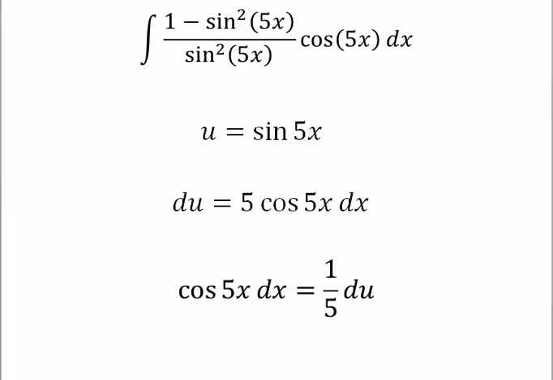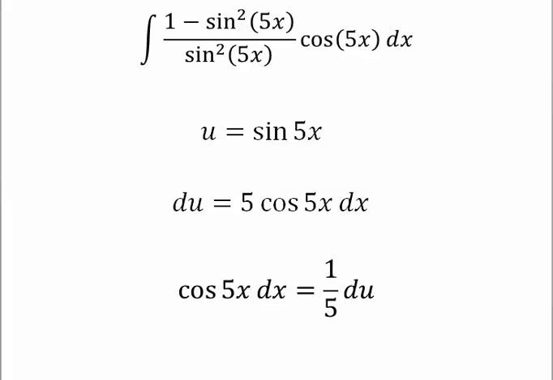And instead of cosine 5x dx, I'm just going to substitute 1/5 du. So as I said, in making this substitution for u, I need the function cosine 5x to be part of du. So that's why having an odd power is very helpful.